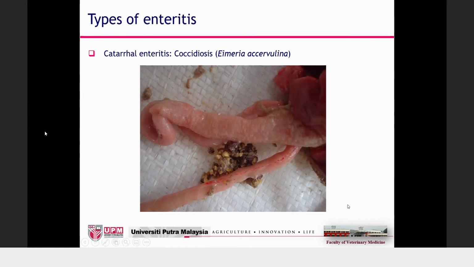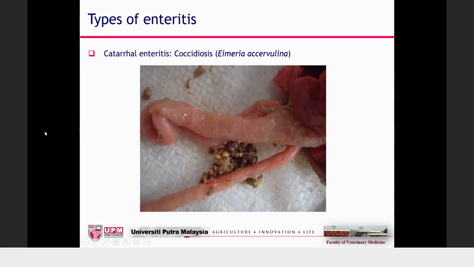And you look carefully at this photo, you can see that there will be white streaks. White streaks in the mucosa of the duodenum. That white streak, and this is the typical, or we call it pathognomonic lesion for Eimeria acervulina infestation.